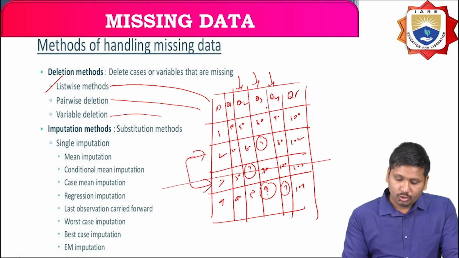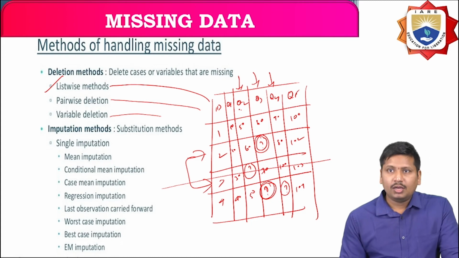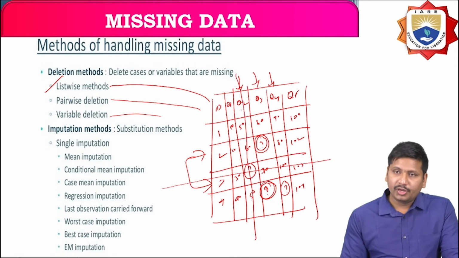Even though Q3 has two missing values, if Q2 has less importance, I can delete this variable.